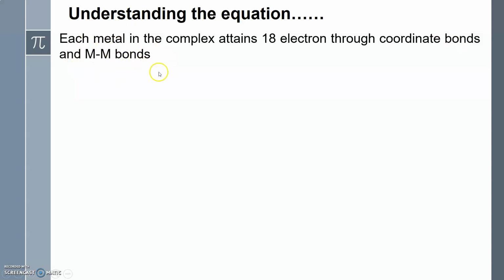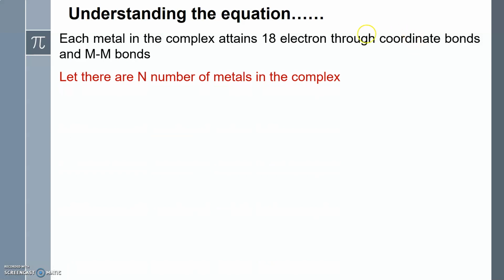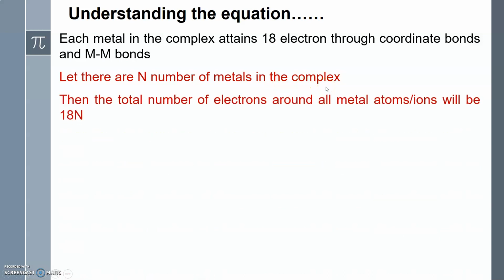The complex may or may not have the metal-metal bonds, but it will definitely have the coordinate bonds from the ligands. So there are n number of metals in the given complex. The total number of electrons around all metal atoms or ions will be 18 into n. So if there are two metal atoms, the total number of electrons will be 18 into n. That is, every metal atom will obey the 18 electron rule. So 18n is equal to TEC plus 2m.